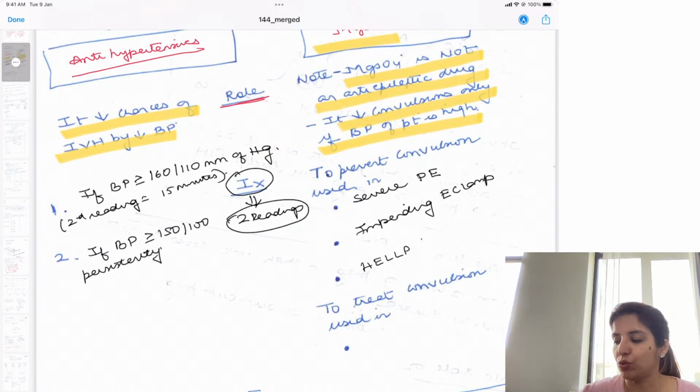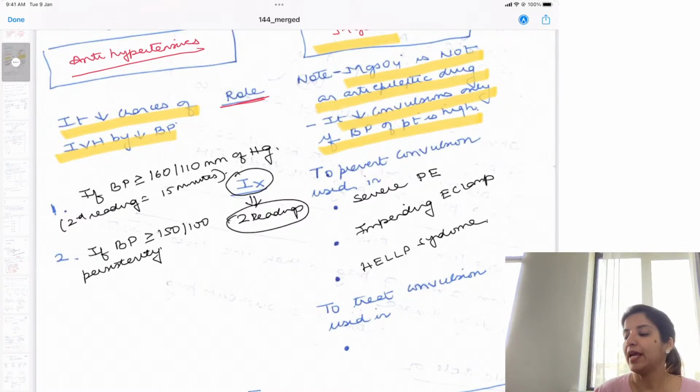As I told you, HELP syndrome is a complication of severe preeclampsia, and in 85% of patients of HELP syndrome, the BP will be very high, right? And they may throw convulsions at any time, and that is why you have to give magnesium sulfate to prevent convulsions in patients of HELP syndrome.